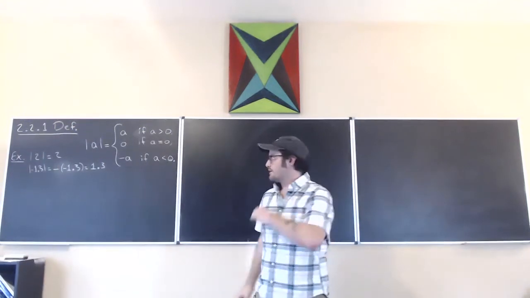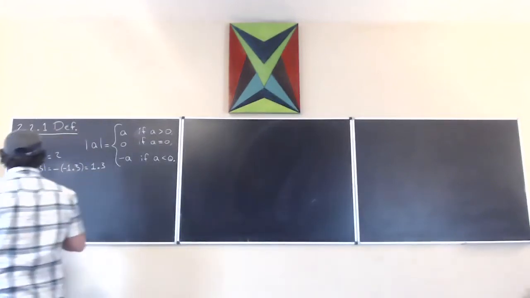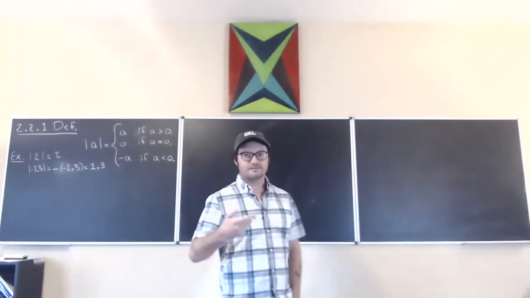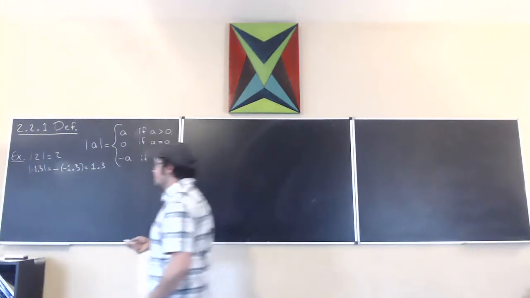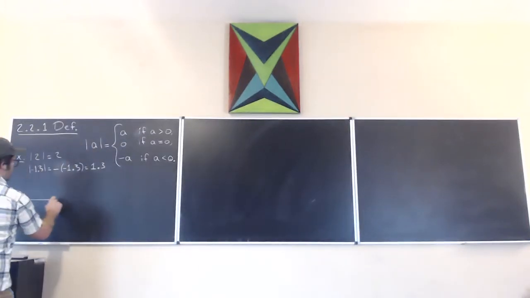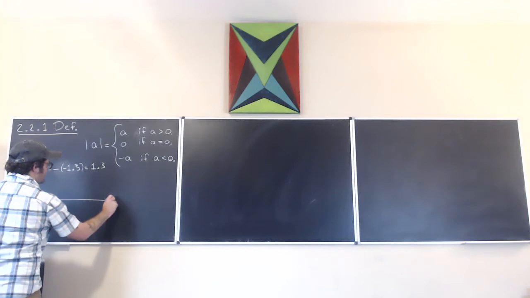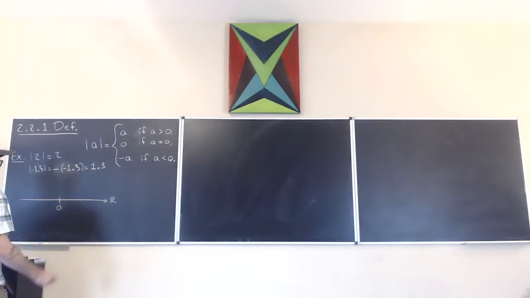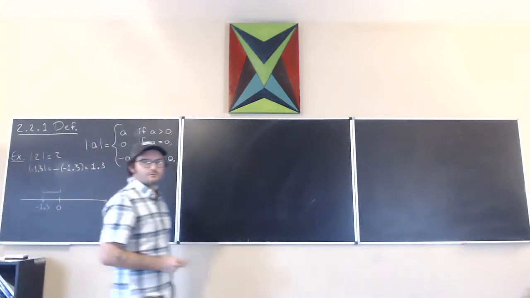Okay. Now, on the real number line, you can think of the absolute value of A as the distance from that number A to 0. So, for example, just draw our standard real number line, and here's 0. Then, if we pick A to be anywhere on here, so for example, negative 1.3, then how far away is negative 1.3 from 0?